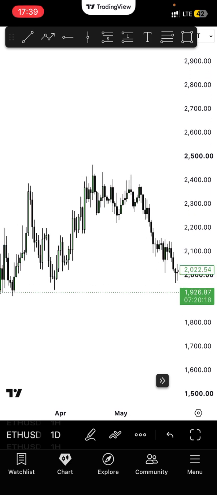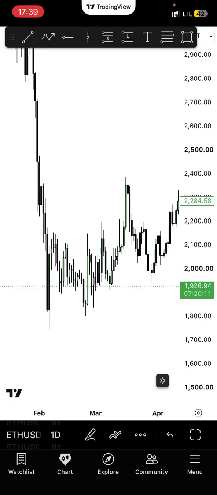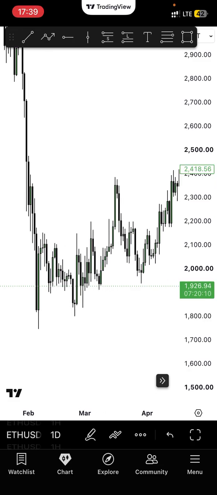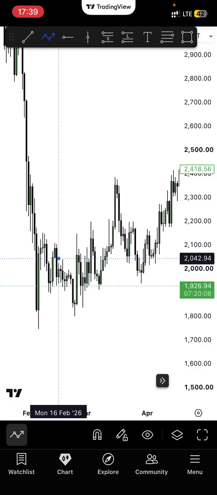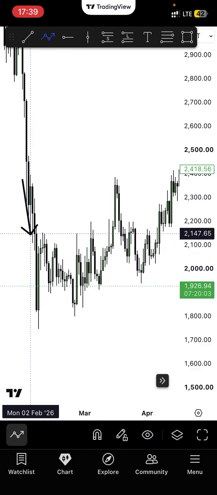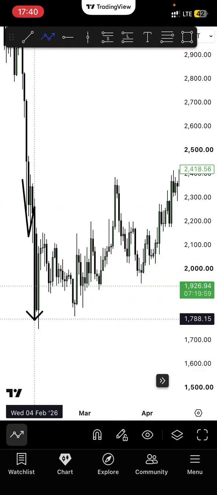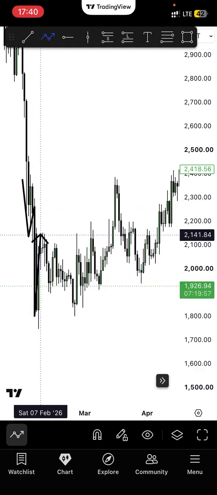Okay, let's use this example here. So price was clearly in a downtrend here, giving us a series of lower highs, lower low, lower highs, lower low.